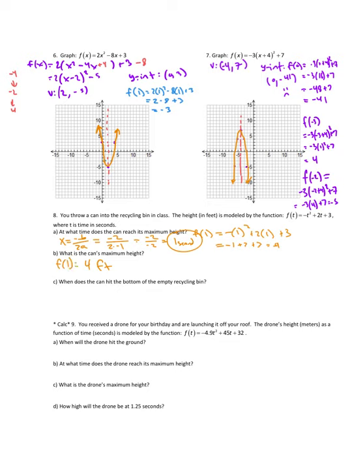C, when does the can hit the bottom of the empty recycling bin? That would be height equals 0, or f of t equals 0. So we go 0 equals negative t squared plus 2t plus 3. I could factor the negative 1 out. I could do quadratic formula. I'll factor the negative 1 out. So that's negative (t squared minus 2t minus 3).